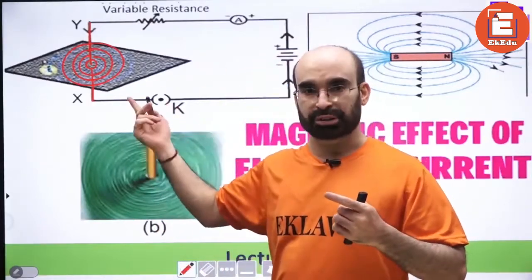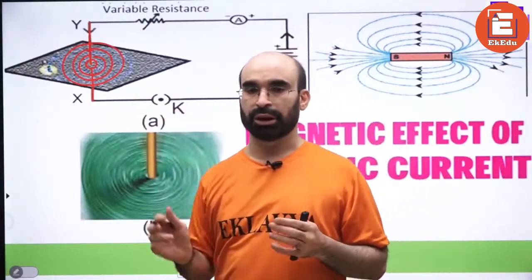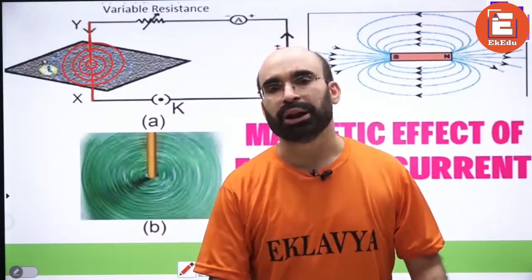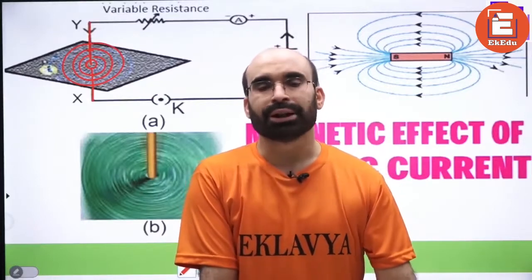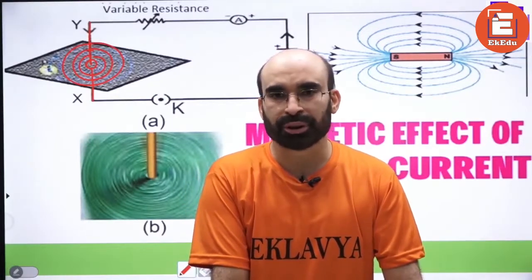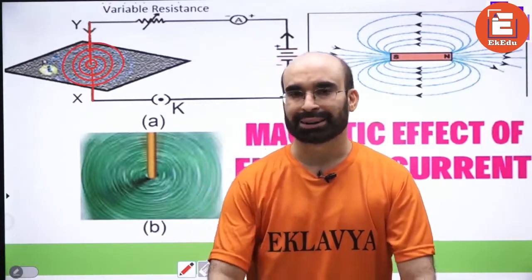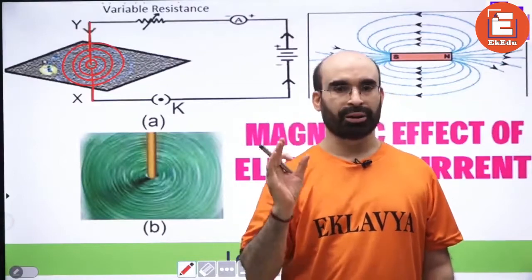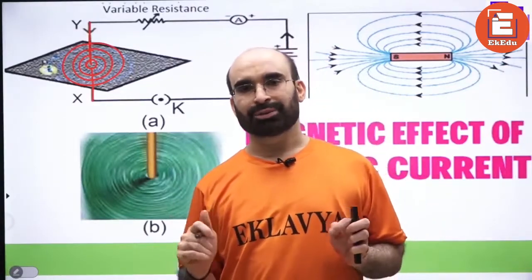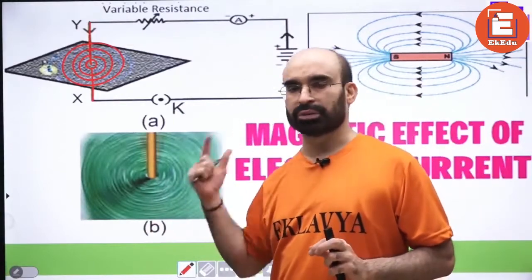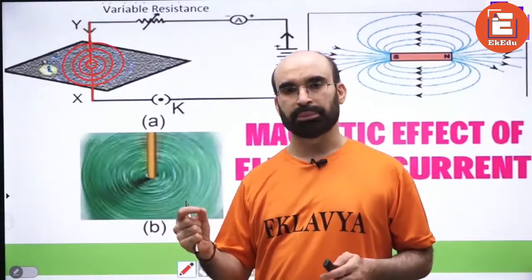That was the basic experiment to show that a magnetic effect is produced around a current carrying wire, a current carrying conductor. So that is the simple idea behind this concept, Ørsted's experiment.